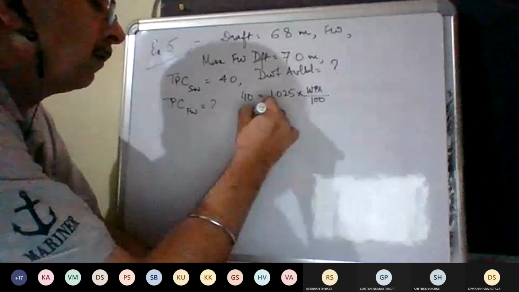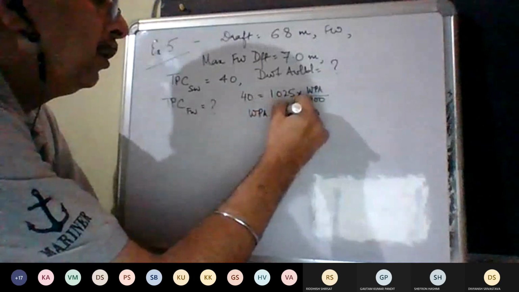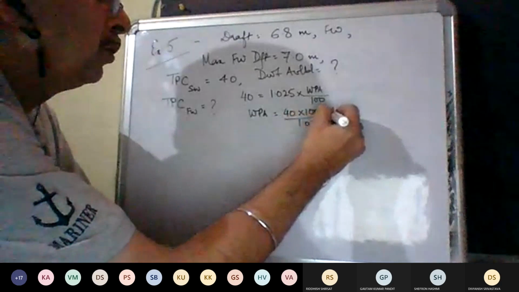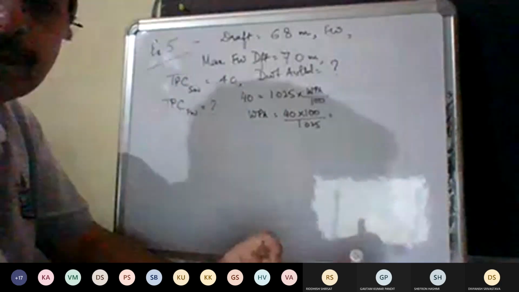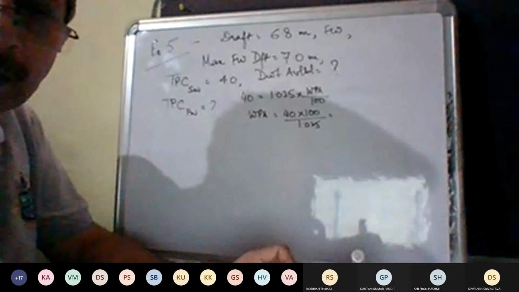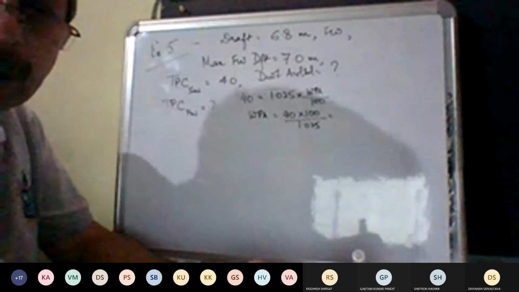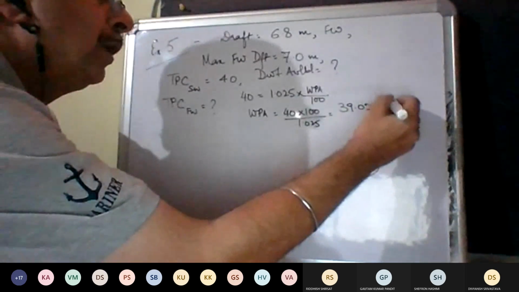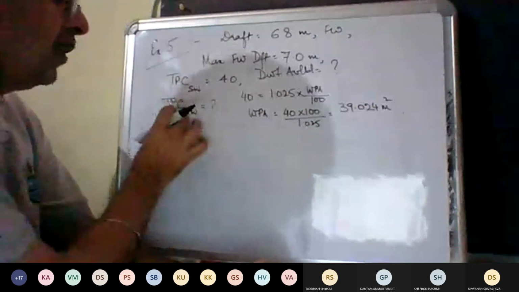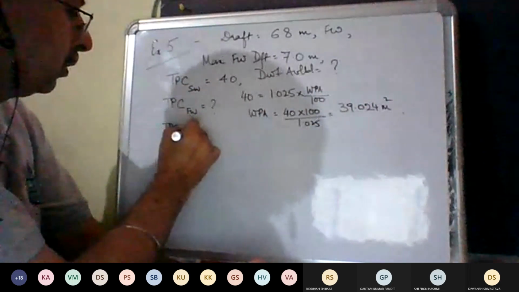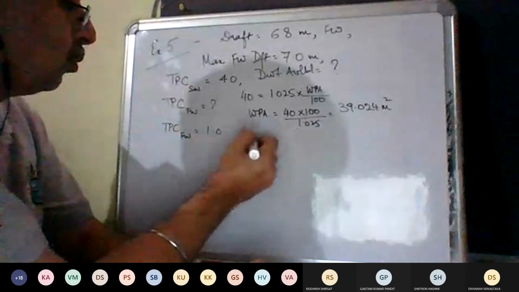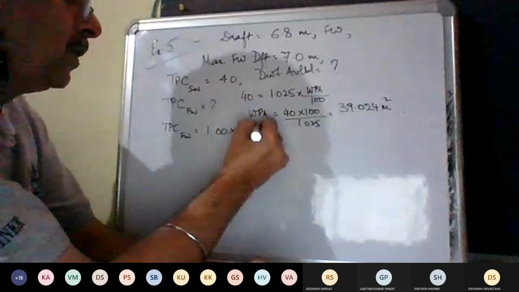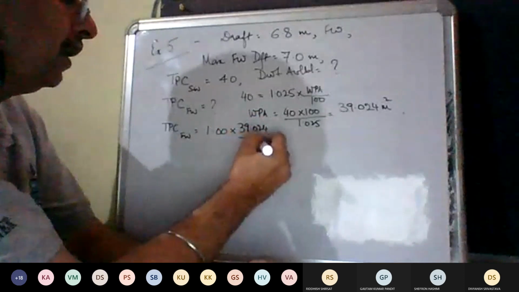So water plane area will be equal to 40 into 100 divided by 1.025, that is 3902.4 meters square. When I go to TPC freshwater, it is density of freshwater 1.00 multiplied by water plane area, which remains the same, divided by 100.